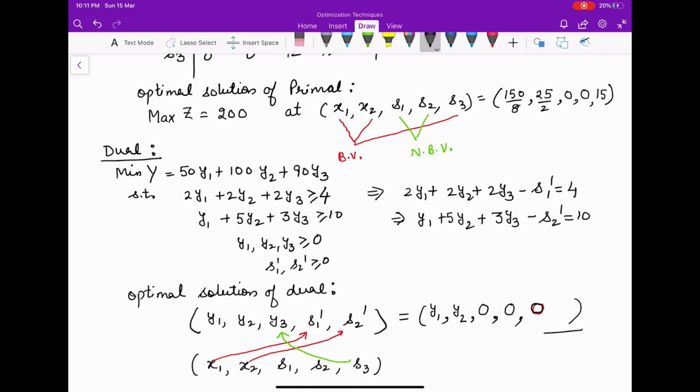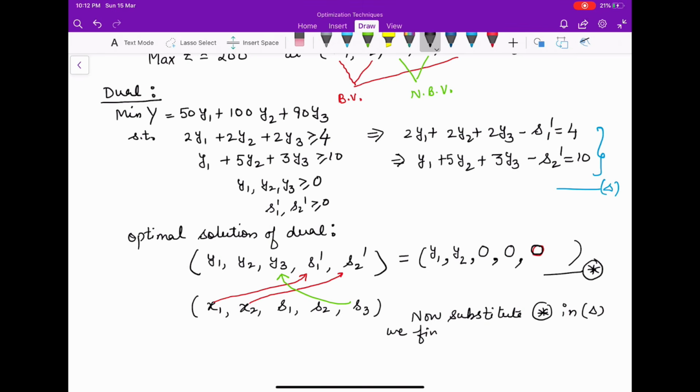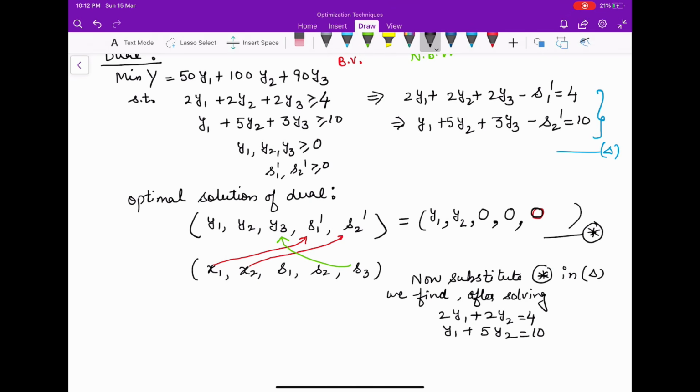now substitute them in the equations, and after solving the system we find 2y1 plus 2y2 equal to 4 and y1 plus 5y2 equal to 10, because y3 is 0, s1 dash is 0 and s2 dash is 0.